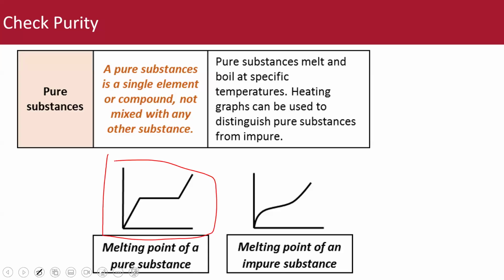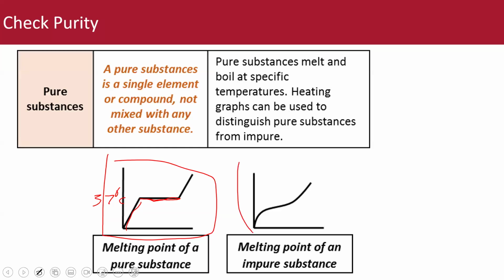However, if you are given a graph to look at the purity, a pure substance looks like that graph there, where you've got a line that goes up and then is flat. Because if it is a pure substance, it all melts at exactly the same temperature. So a straight line means it all melts at exactly the same temperature, meaning it's pure.